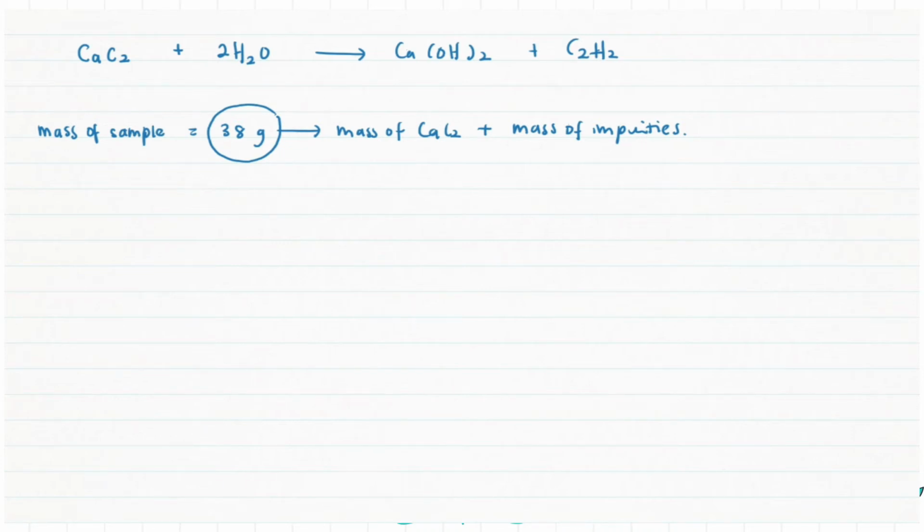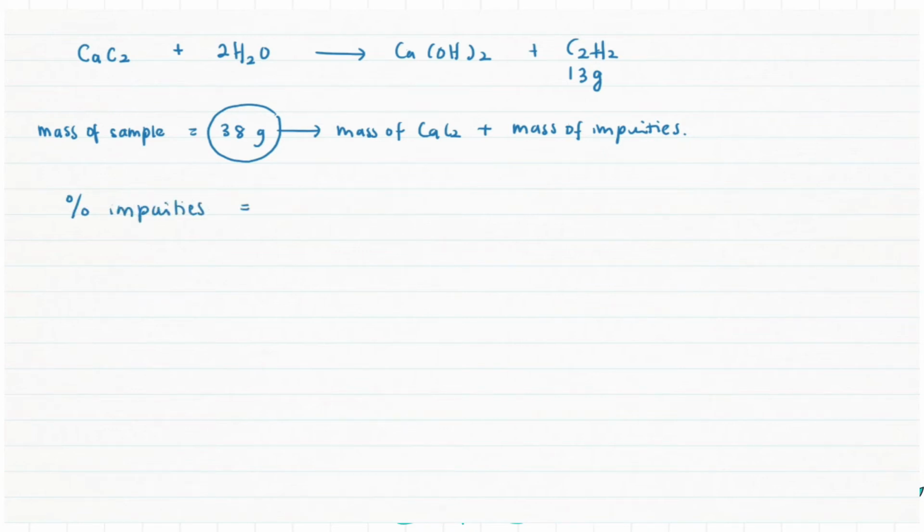And then it says, determine the percentage of impurity present in CaC2 if 38 gram sample produces 13 gram of C2H2. So the given mass of C2H2 is 13 gram. How do we calculate the mass of impurities?